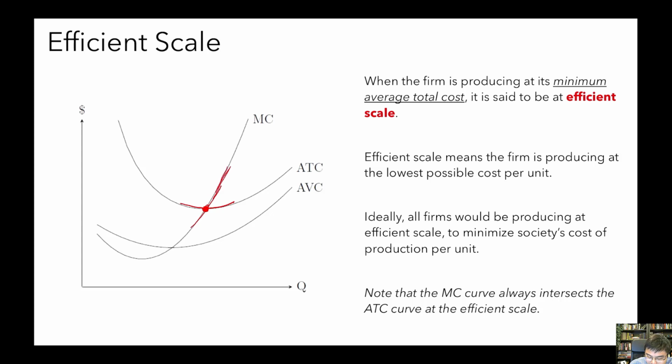Okay? And this happens because whenever marginal cost is higher than average total cost, average total cost is going to be increasing. And whenever marginal cost is lower than average total cost, average total cost is going to be decreasing. You can understand that by thinking about points per game in basketball.